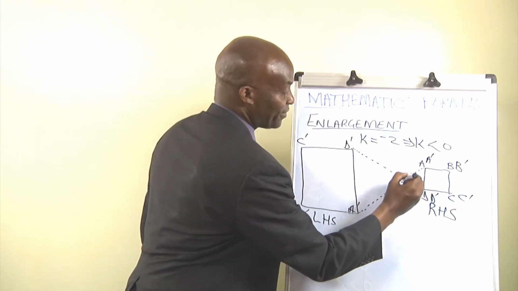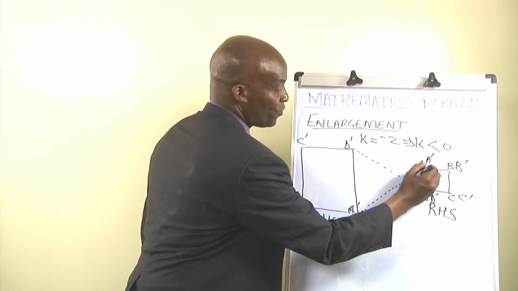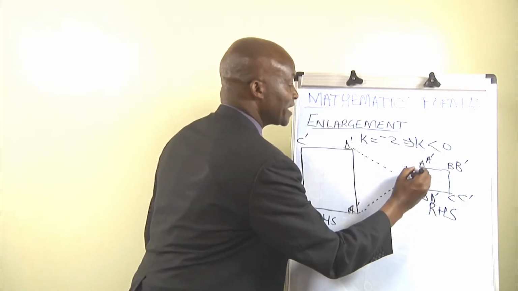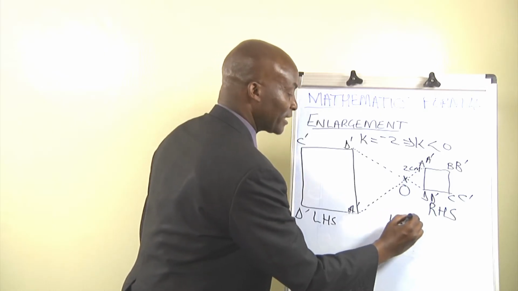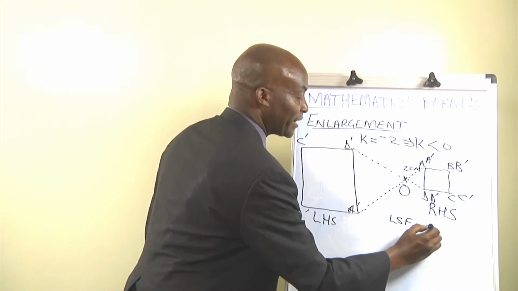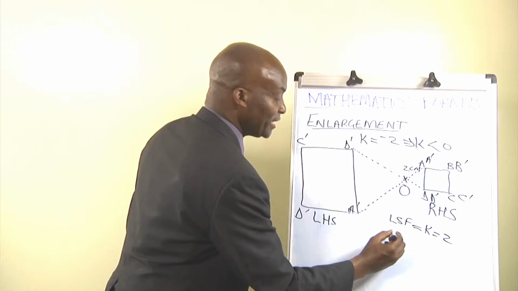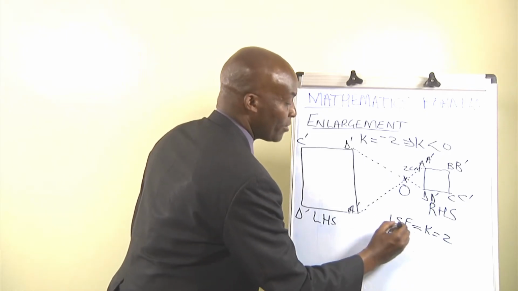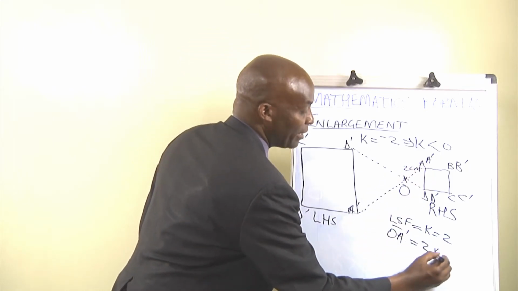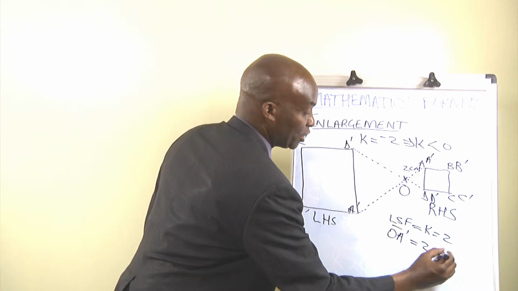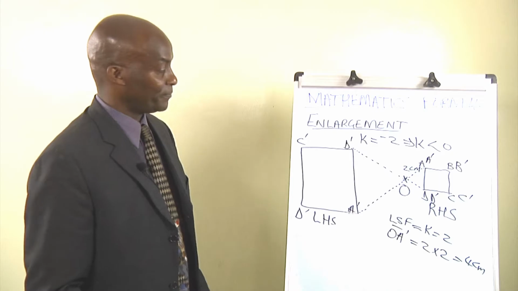If this length, the distance from O, the center of enlargement, to the point A is 2 centimeters, and the linear scale factor, which is equal to K, the scale factor of enlargement, is equal to 2, then the distance OA prime will be twice. So it will be equal to 2 times 2, the distance of OA, which will be equal to 4 centimeters.